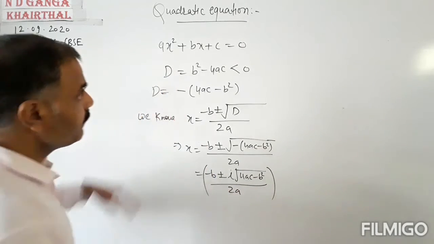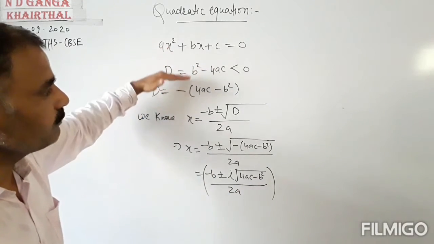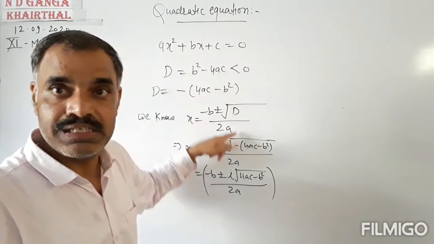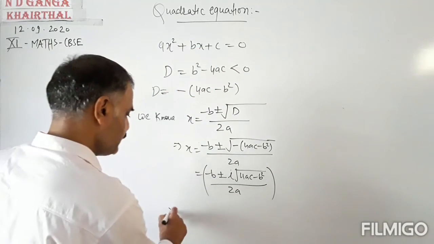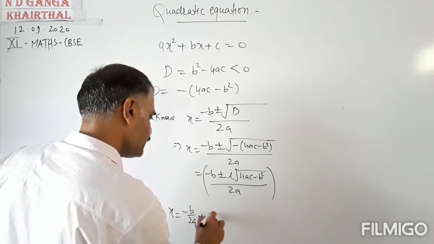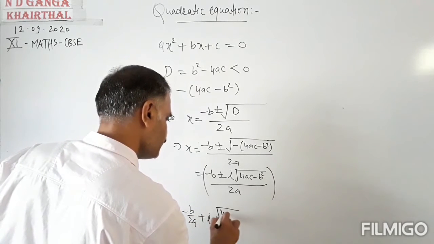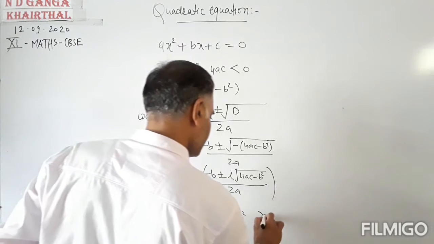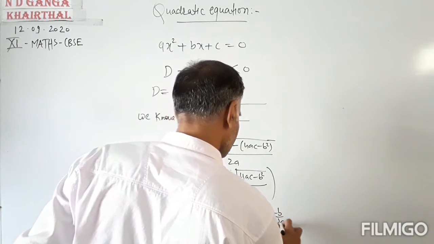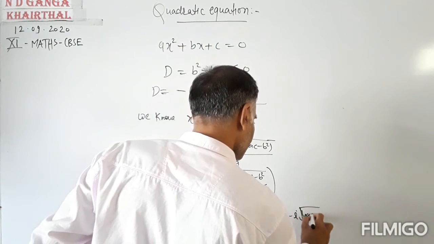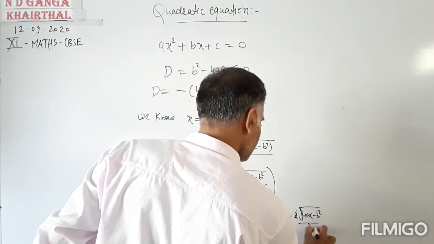Okay, so the roots of the given quadratic equation when d is less than 0 can be given as x is equal to minus b upon 2a plus or minus iota under root 4ac minus b square upon 2a.